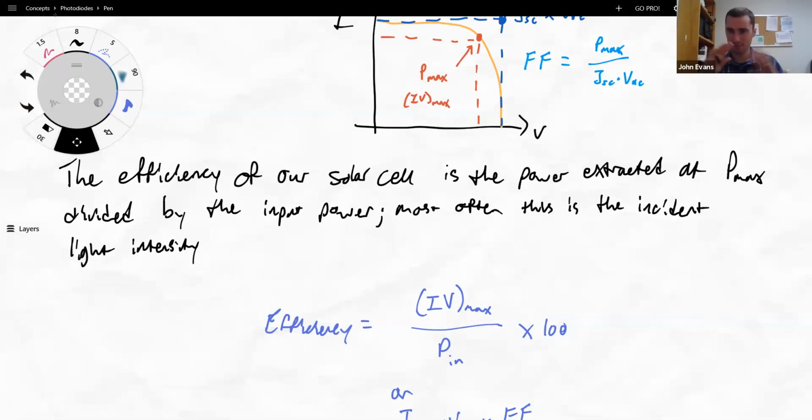But we're just going to simplify it and say we're going to do this purely photovoltaically. The efficiency of our solar cell is the power extracted at our maximum power divided by the power that's input. Usually this is just the incident light intensity.